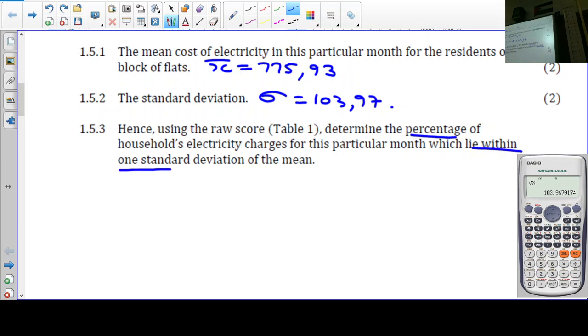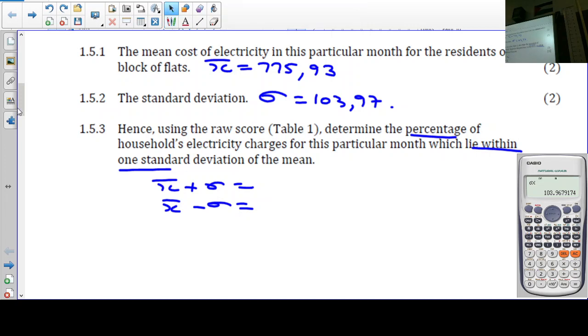To calculate the percentage, you must divide by the total number, which is 27, times 100. So we need to set up a range here: our mean plus the standard deviation, and our mean minus the standard deviation.